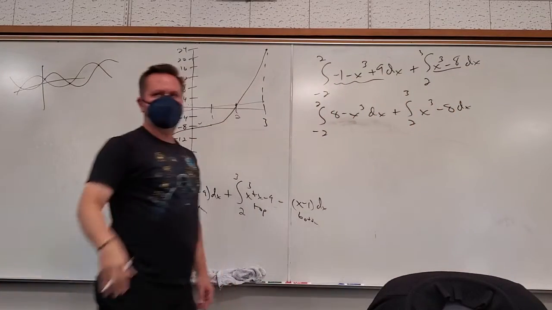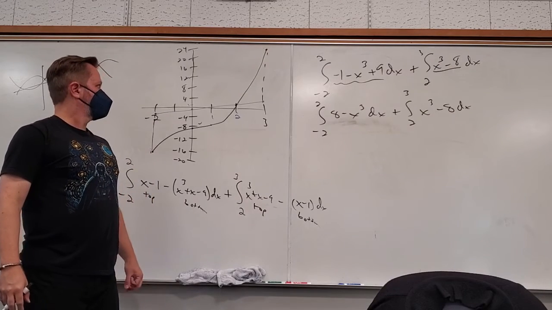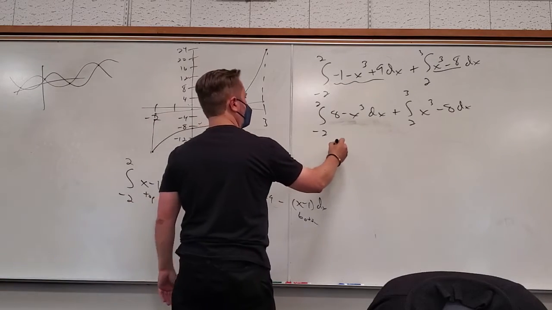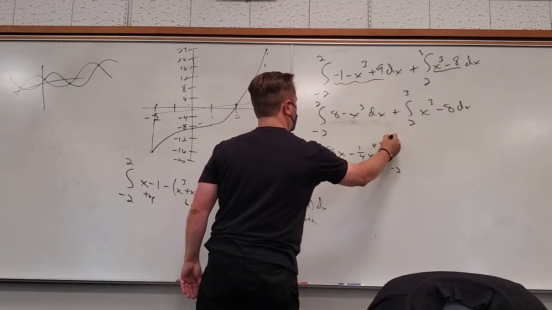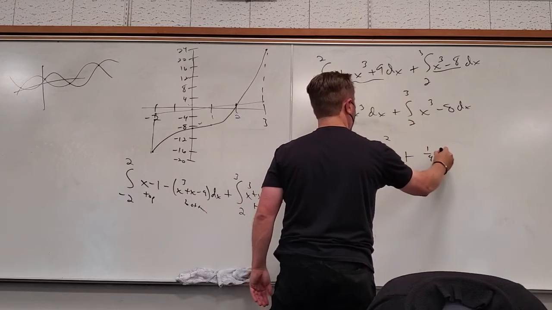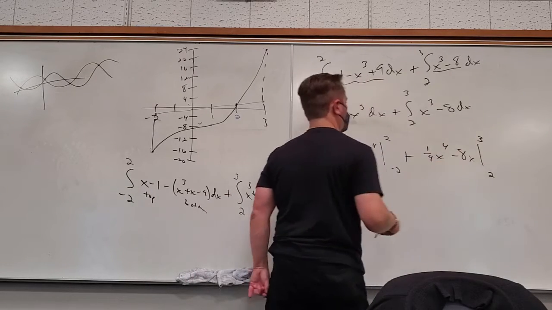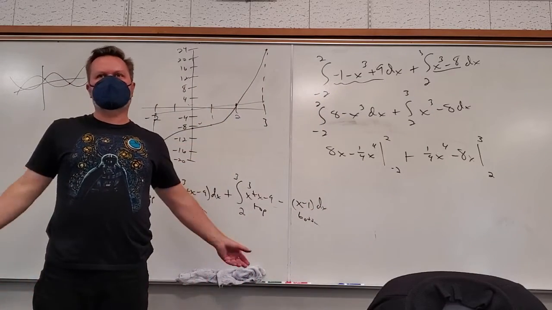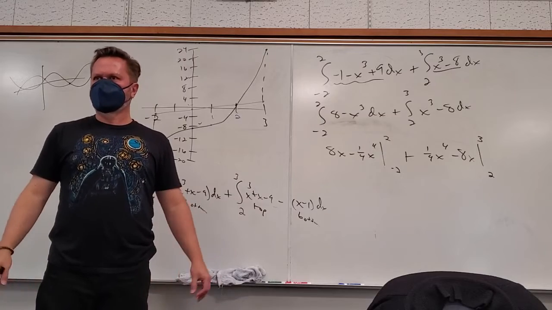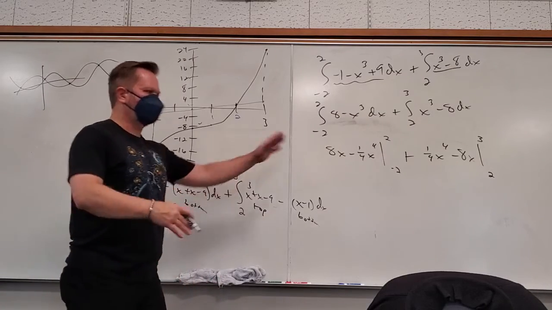And then those are nice ones to integrate. And then I don't care anymore. Just plug this stuff in and get something. Yes? Okay. I sort of care. I don't care enough.